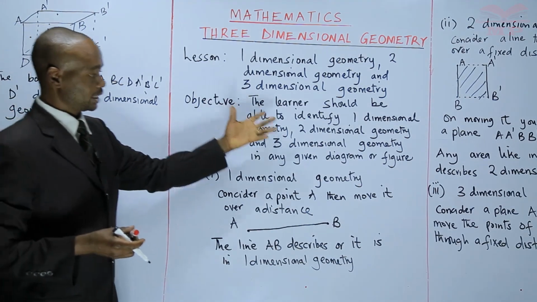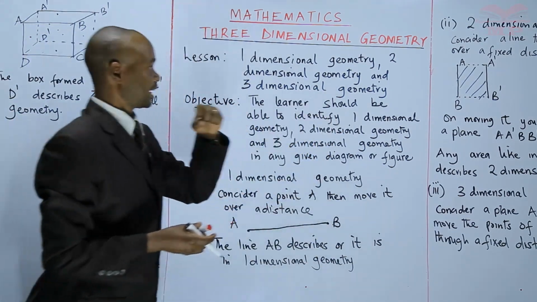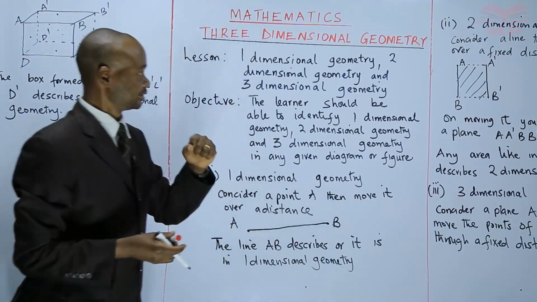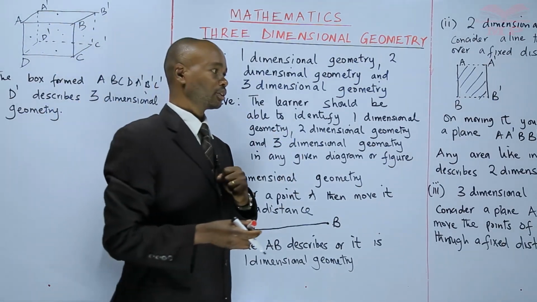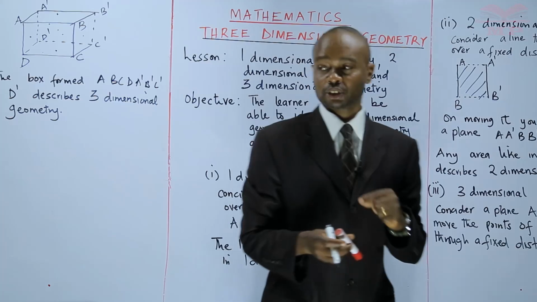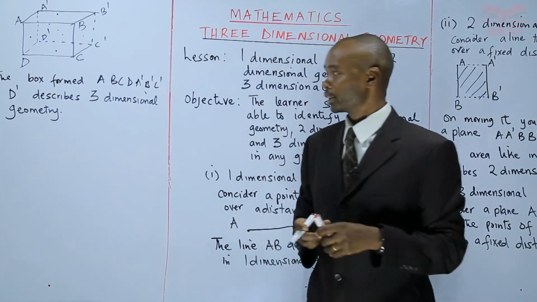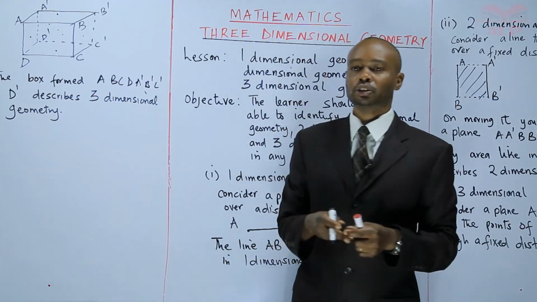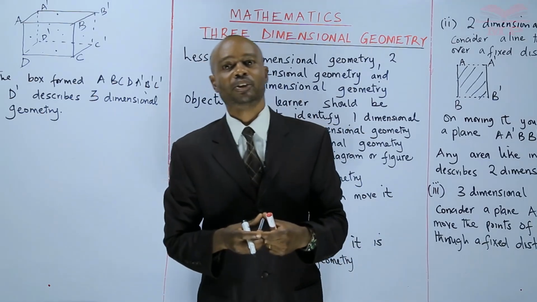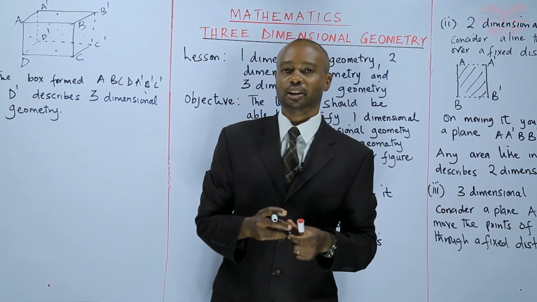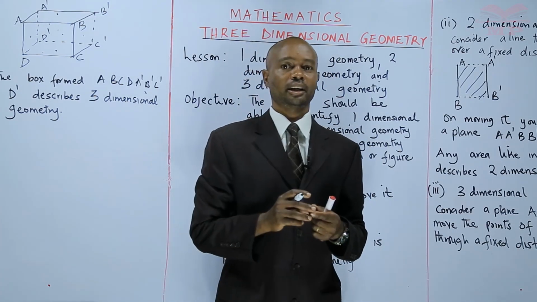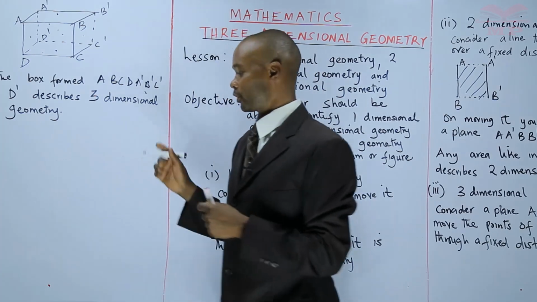He can be able to identify whether a given figure is in 1-dimensional geometry, 2-dimensional geometry, or 3-dimensional geometry. So before I sum up the lesson, I'll give an assignment on the same.